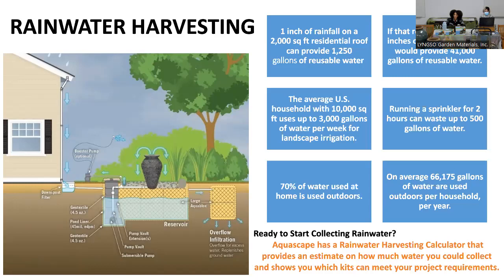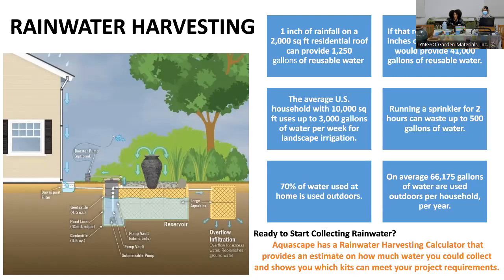The biggest reason why this is important is because a lot of people don't realize how much water we use just based on landscape irrigation alone. A lot of rainfall, sprinklers, and then combined with the average water use per household outdoors in general, it averages a lot.